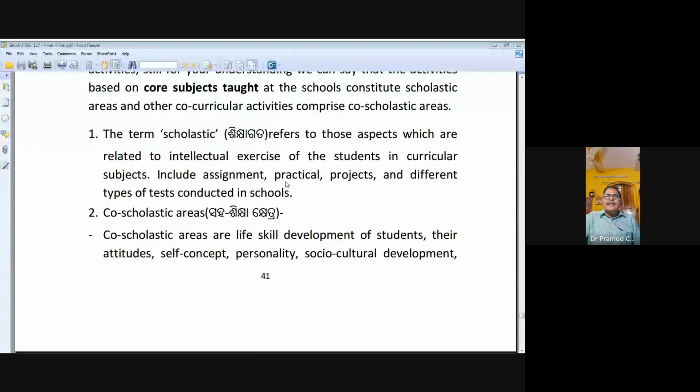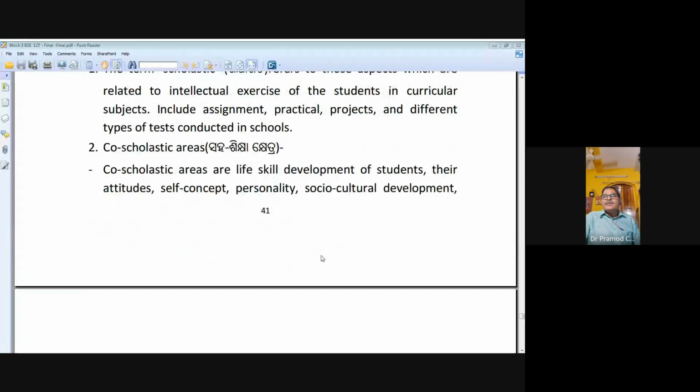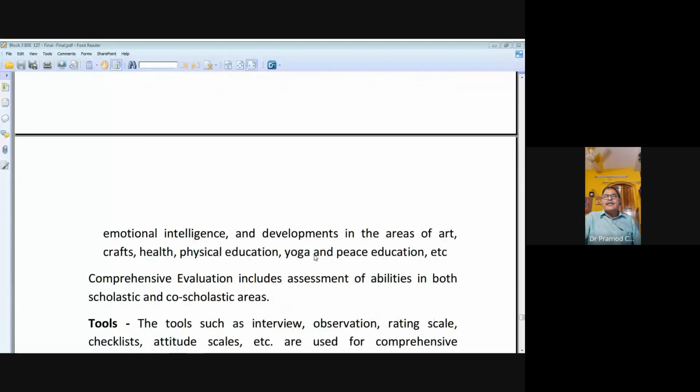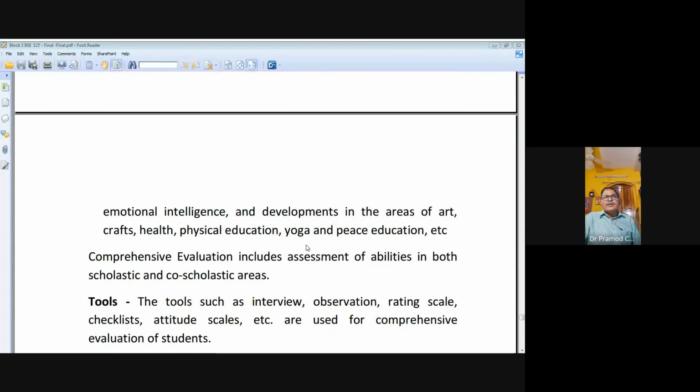Both areas are considered: what type of skills we have developed, utilizing our attitude, self-concept, personality, whatever it may be, social cultural development, emotional intelligence, everything we have taken into consideration.